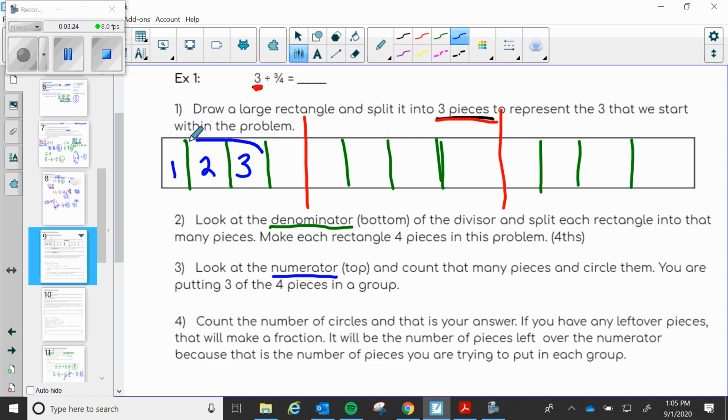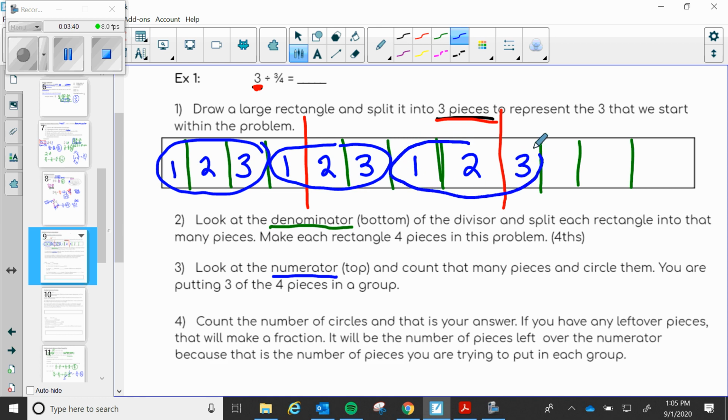So I'm going to circle these 3 rectangles. 1, 2, 3 rectangles, I'm going to circle. And you just keep going until you run out of rectangles or you have an odd number. In this case, I ran out. So I made my groups of 3.